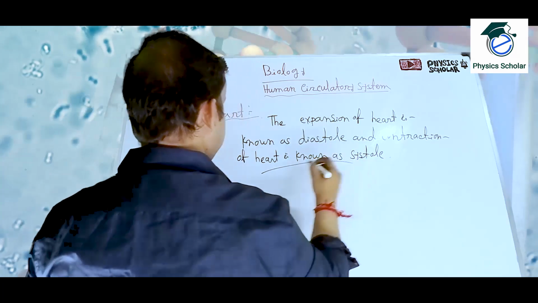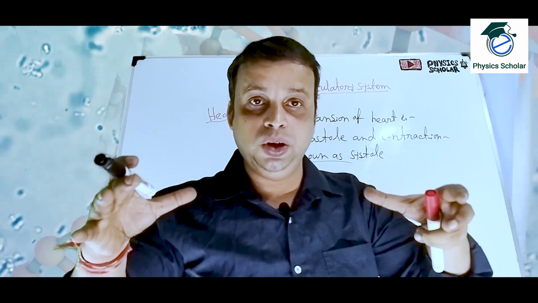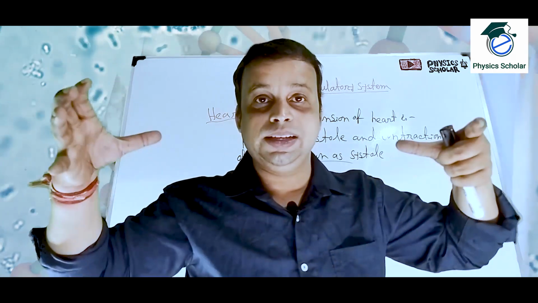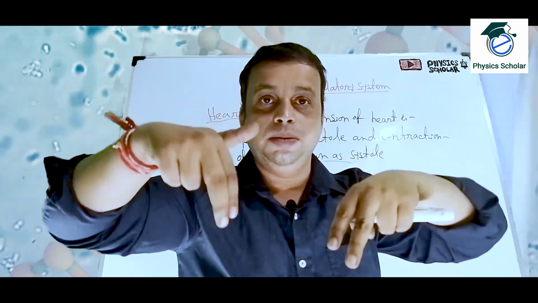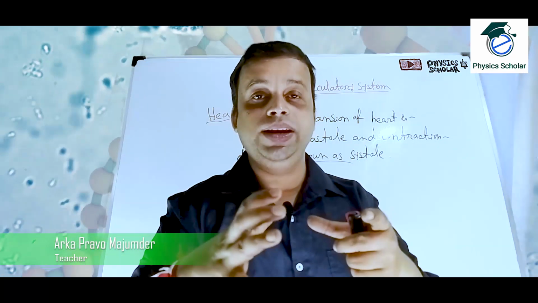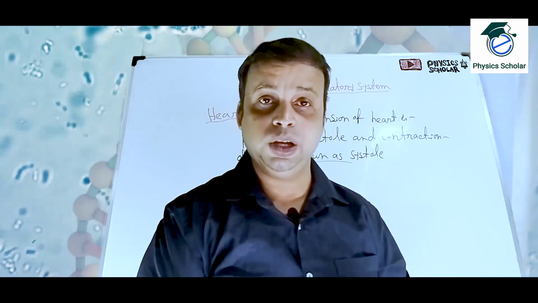Clear? So when the heart expands, it is known as diastole, and when it contracts, it is known as systole. When it is expanded, the blood will come into the heart, and when it is in systole, it will be circulated to the different parts of our body.